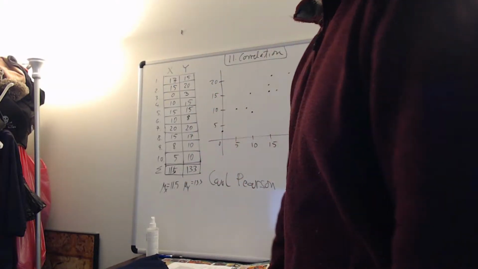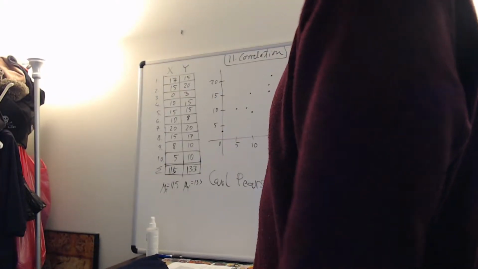This is the mean of the X scores, and the mean of the Y scores, you can calculate the same way, would be 13.3, because again, the sum of all the scores is 133. There are 10 students, so the average second quiz score is 13.3.